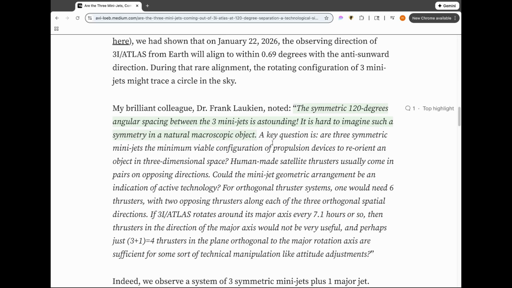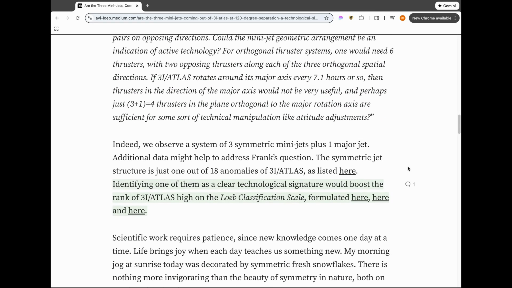It's hard to imagine such a symmetry in a natural macroscopic object. We shouldn't be seeing this. And he goes into some ideas, theories. This is number 1 out of 18 anomalies of 3I Atlas. So we're up to 18 now. Wow. Insane.